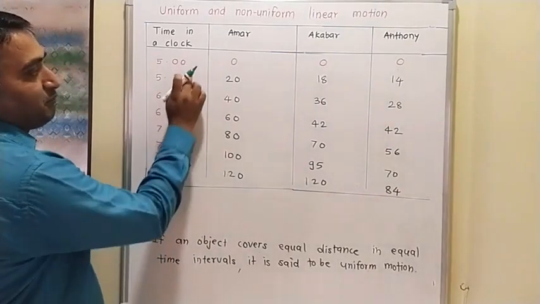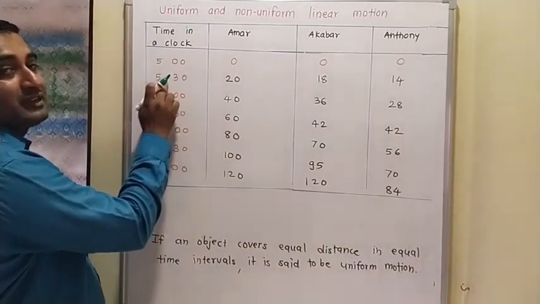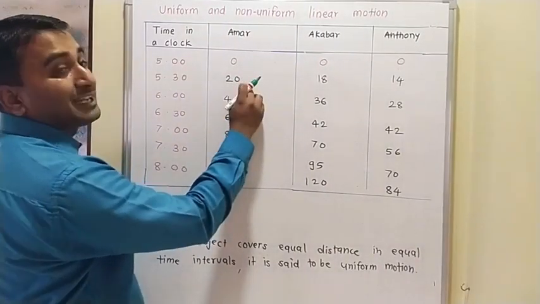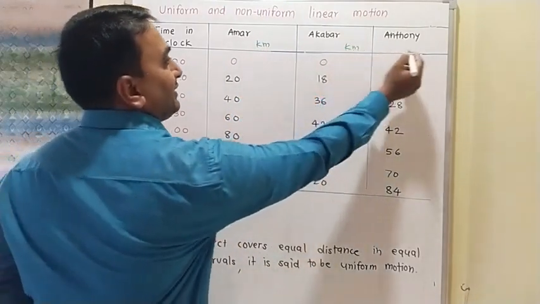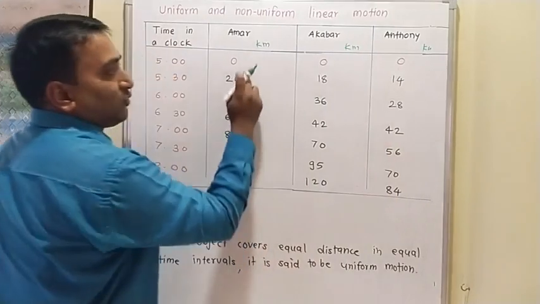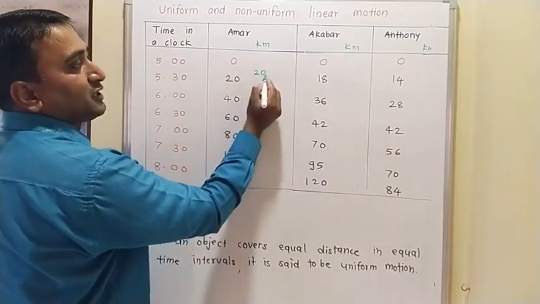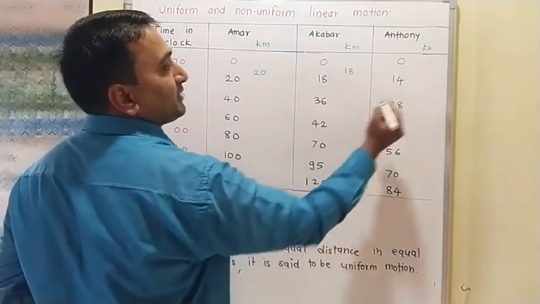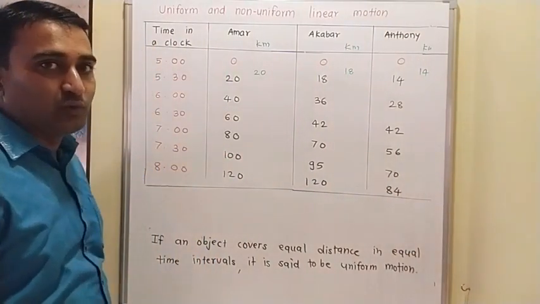After 30 minutes, when the clock time is 5:30, Amar has gone from 0 to 20 kilometer. All the distances here are in kilometer. So he has covered a distance of 20 kilometer. Akbar has covered 18 kilometer, and Anthony has covered the distance of 40 kilometer.